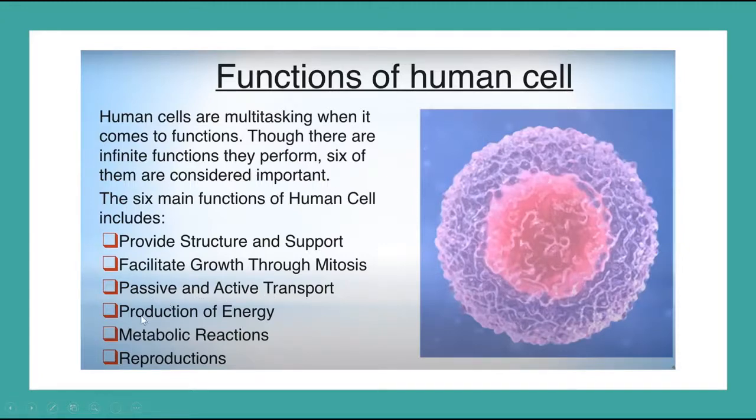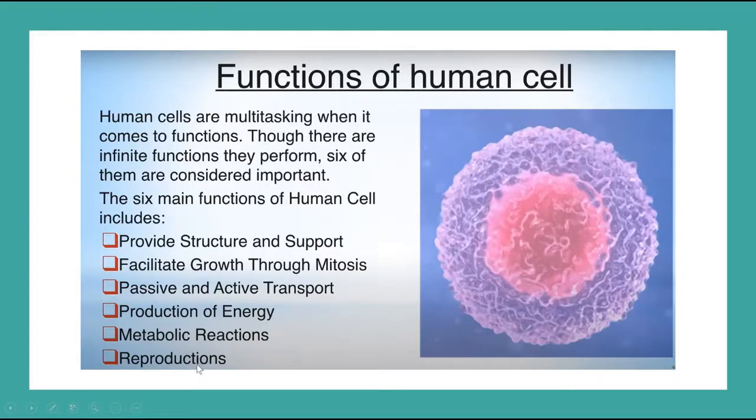And the fourth one is the production of energy through photosynthesis in plants and respiration in animals. Various metabolic reactions like glycolysis and the Krebs cycle are the different chemical processes that happen in the cytoplasm as well as some in mitochondria, which is the powerhouse of the cell, you know.